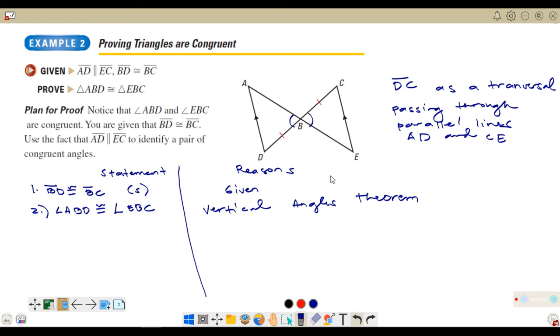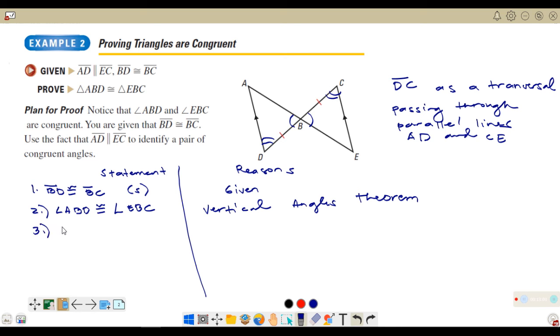From here, we will have angles. So, with CD, we have this angle, which is congruent to this one. Why?